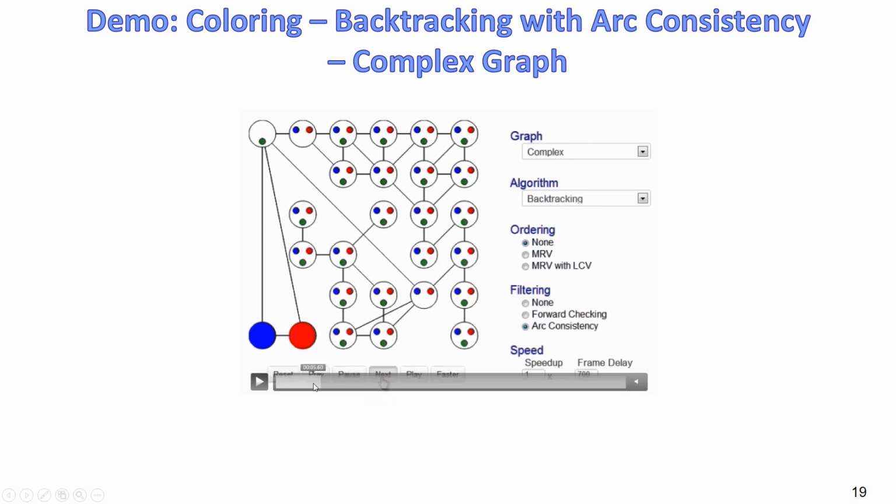And if we go back one step, you will see that green was here. Okay, but now once we assign this one to red, green will be gone from here, and because arc consistency goes and checks all the arcs, green also will be gone from here. Okay, so when we assign this to blue, there's no green here and there is a green here. So this problem is gone from the root.